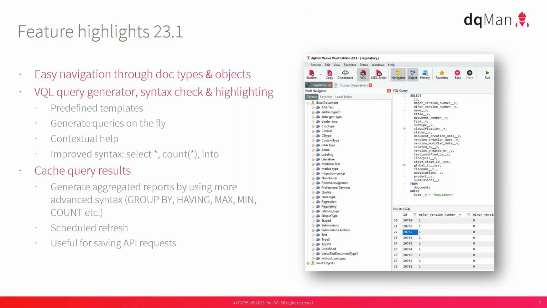They are not natively supported by VQL, but with dqMan you can use them. Caching the result will help save API requests that are limited in Veeva, and you can also schedule a periodic refresh of your data.